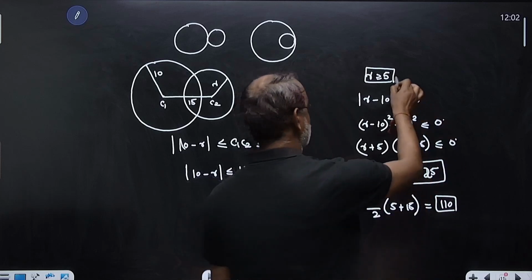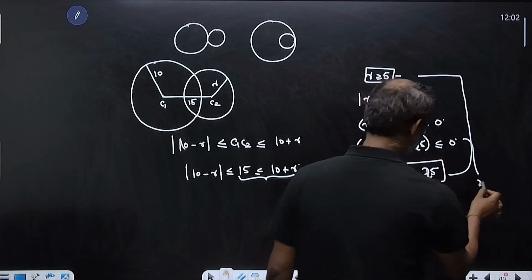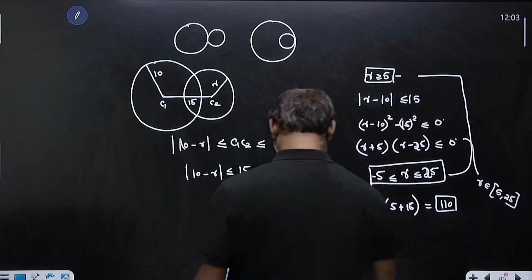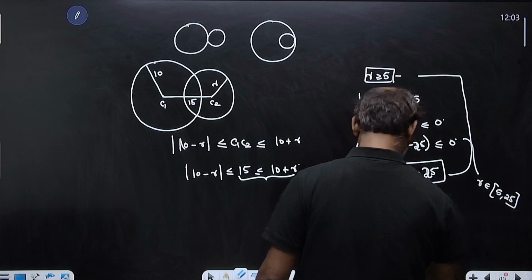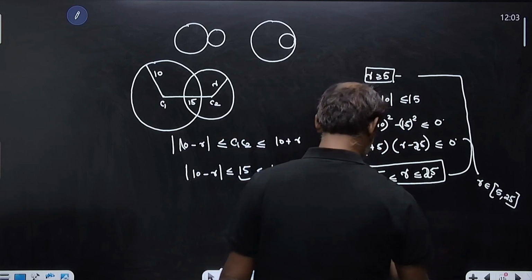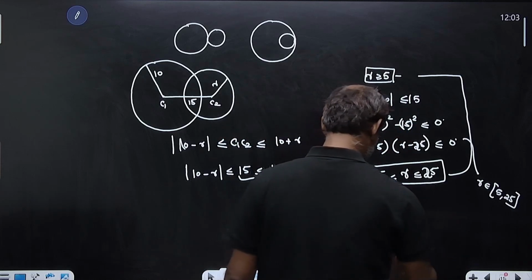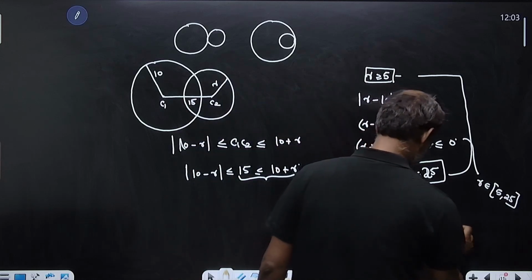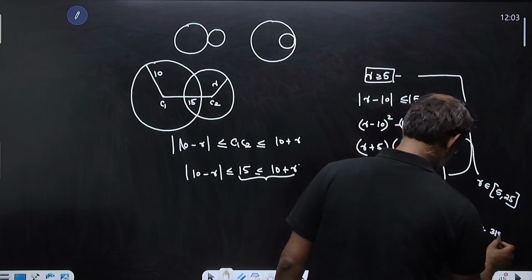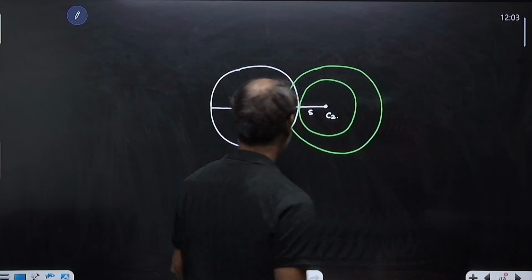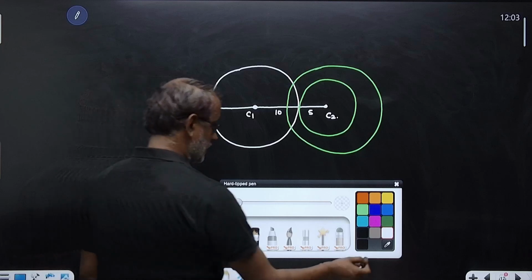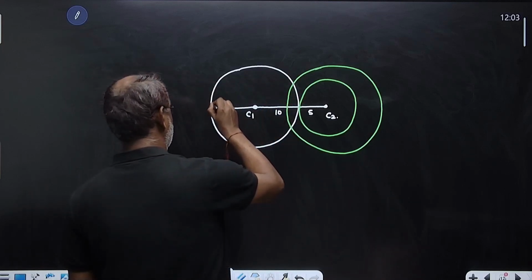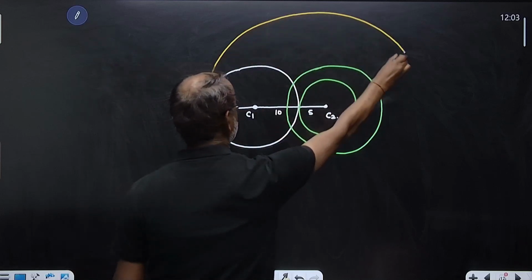Oh, so this would put together give you R is from 5 to 25. Very sorry. This would be 21 by 2 into 5 plus 2 and 15 into 21. That is 315. Very sorry. So the maximum radius that could be is 25. Okay.